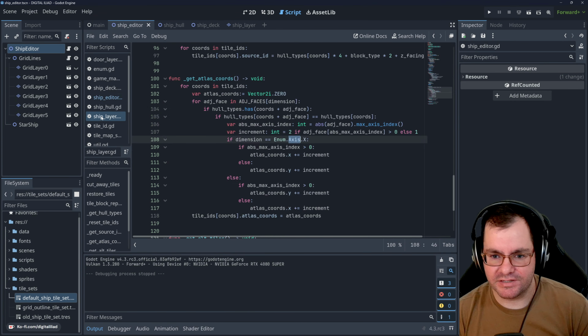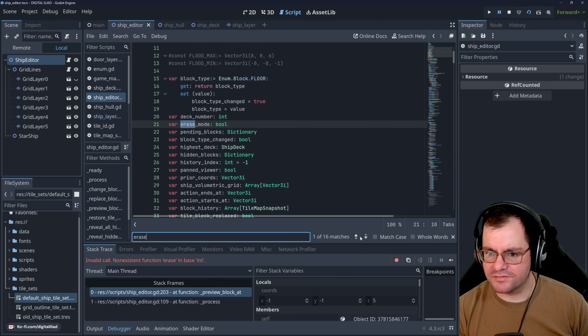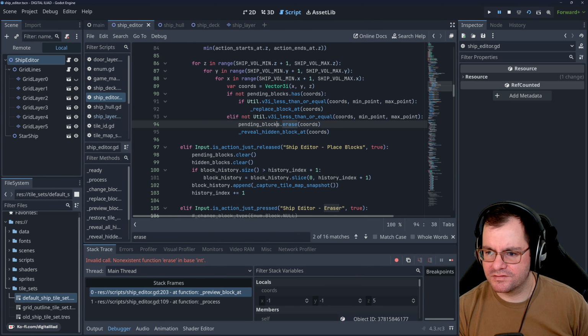Oh, I'm doing that wrong. Okay, I understand. Let's go through and find these. Yeah, it's dictionary dot erase coords. I'm keying into the value and then trying to erase. That's wrong. Yeah, so it's that.